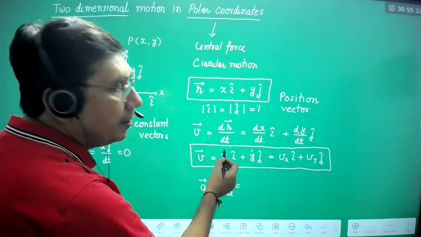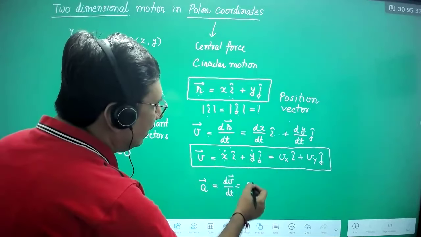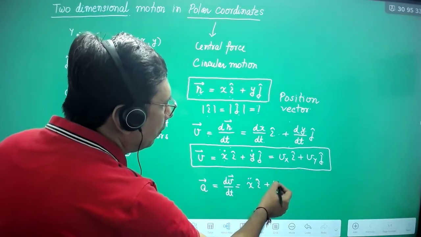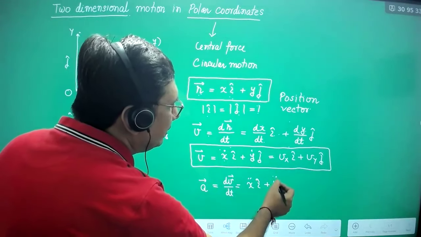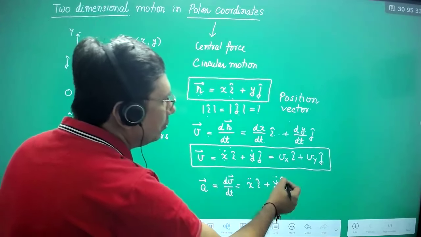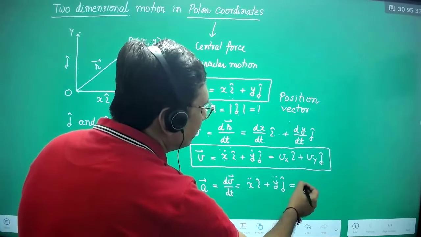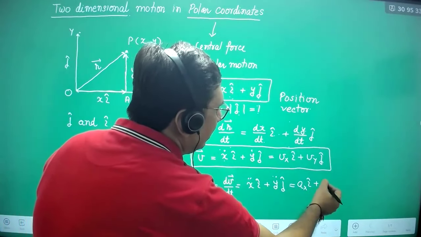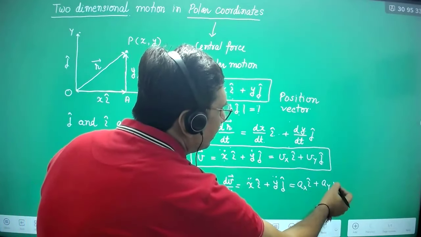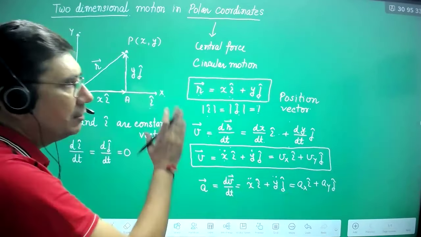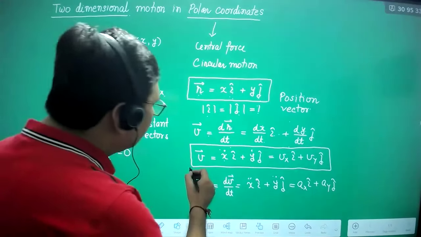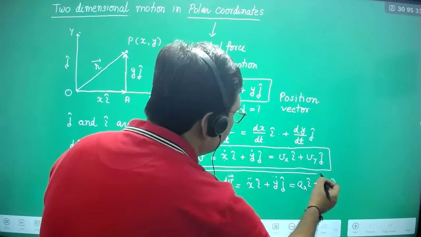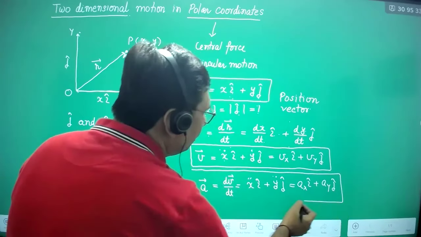This will be x double dot i cap plus y double dot j cap, or you can write ax i cap plus ay j cap. So you are well aware of this planar system represented by x and y axes. This is a well-known system to you.